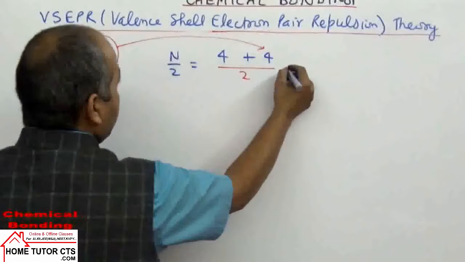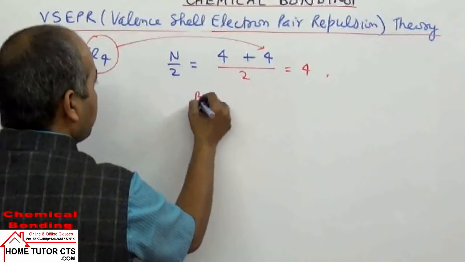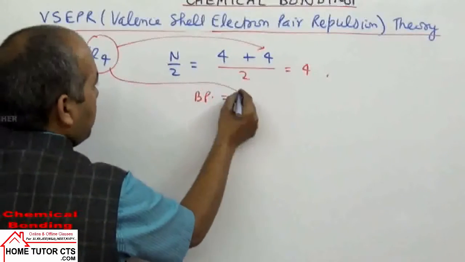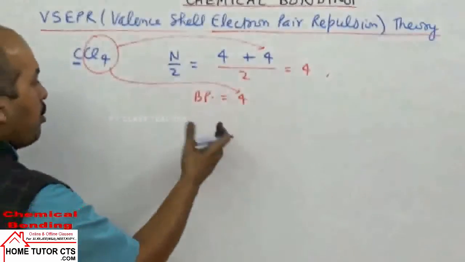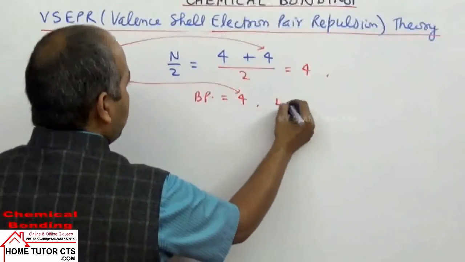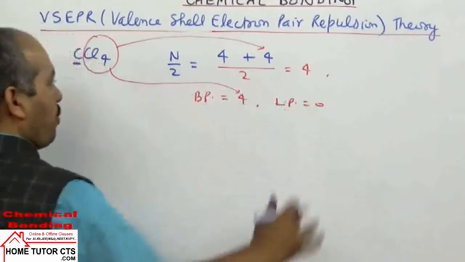Divide by 2, so n by 2 will be 4. How many bond pairs will they have? We have 4 chlorine, so 4 bond pairs. Simple, the number of other atoms is the number of bond pairs. They are sigma bonds. And then what is the lone pair? 0, because n by 2 is 4 bonds, 0 lone pair.